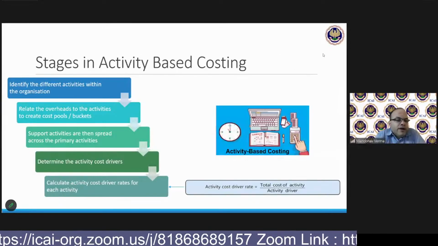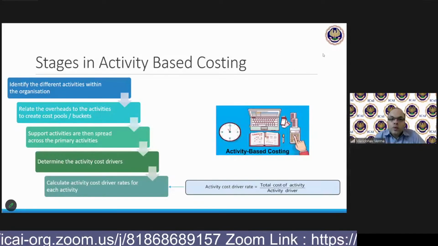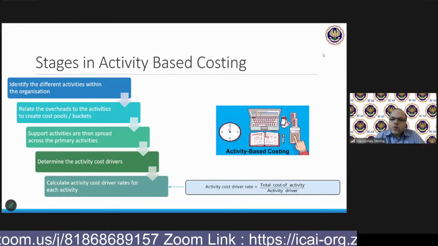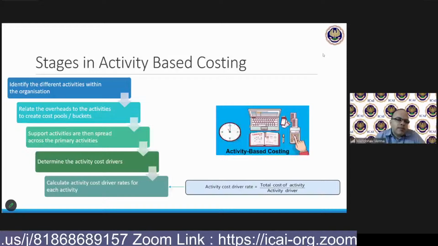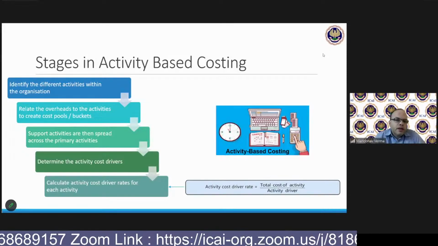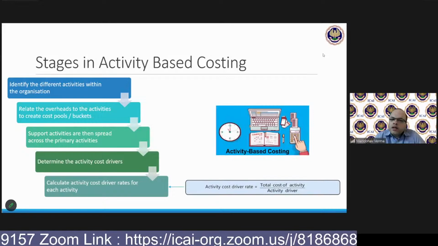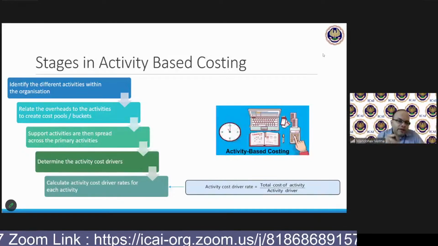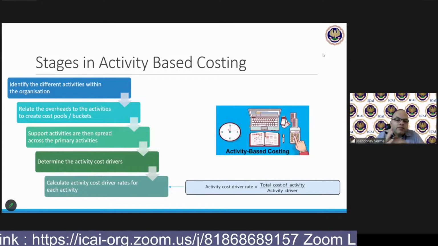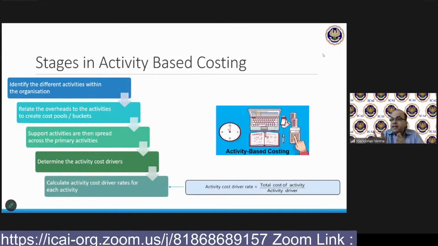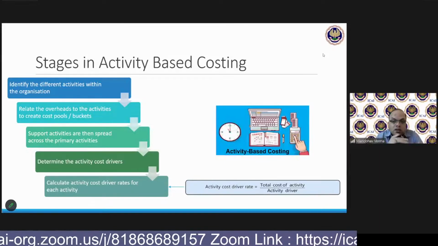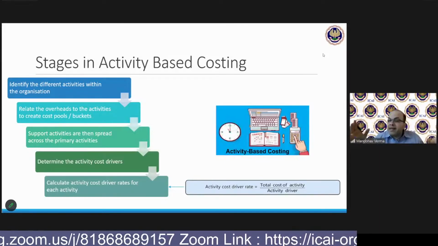The first step here is to identify the different activities within the organization. So that's my first step. In terms of the hierarchy or the steps, when we say we identify the different activities, it also depends on how the organization structure, or the management departmentalization, is.